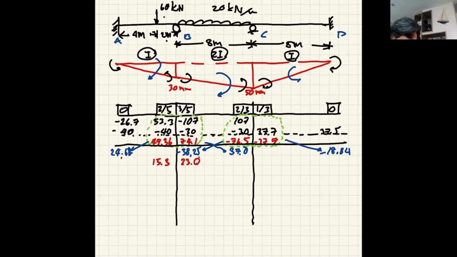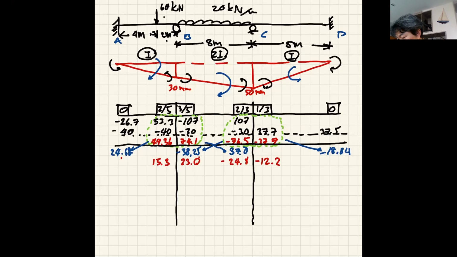And here you need to balance 37, and you need to have minus 24.8 and minus 12.2. Okay, and that again is the end of your second cycle.